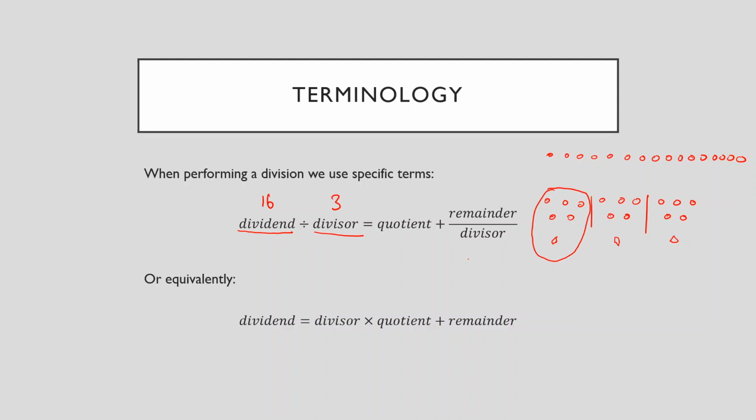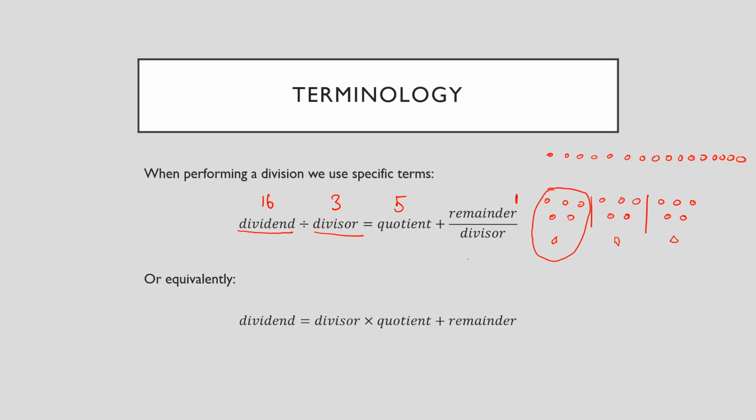So that's what this quotient here is referring to. The quotient is how many objects are in each group, and this part over here is like the leftovers. I'll refer to it later as a decimal part. We had one object left over, so that was our remainder, but we still needed to share that one object between these 3 groups.